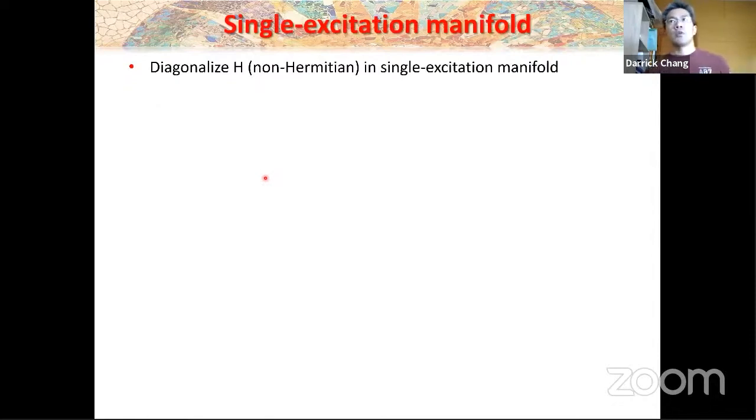So the first thing you can do before studying an actual clock is just to understand what happens for a single excitation. If you diagonalize the effective non-Hermitian Hamiltonian for this system, then because of the translational symmetry, your eigenstates will be pretty close to spin waves, where each atom is excited with some phase k.